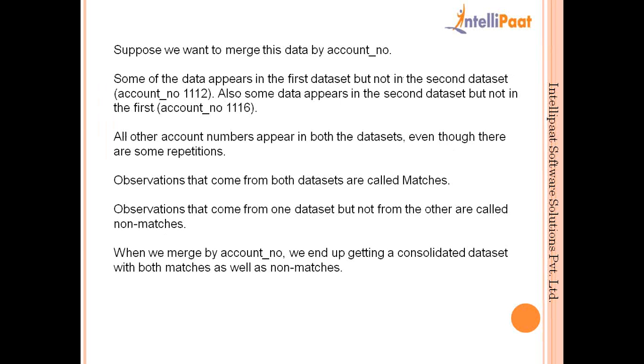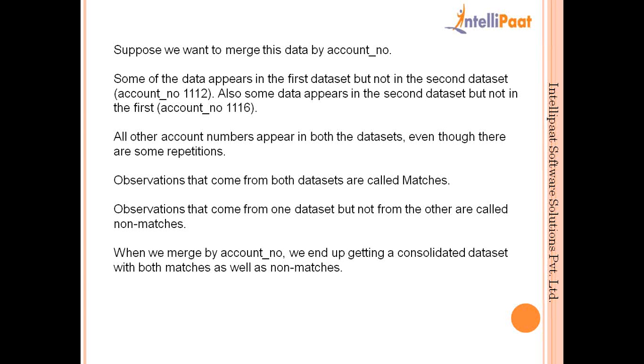Suppose we want to merge this data by account number. Some of the data appears in the first data set but not in the second: account number 1112. Also, some data appears in the second data set but not in the first: account number 1116. Also, the other account numbers appear in both the data sets, even though there are some repetitions.